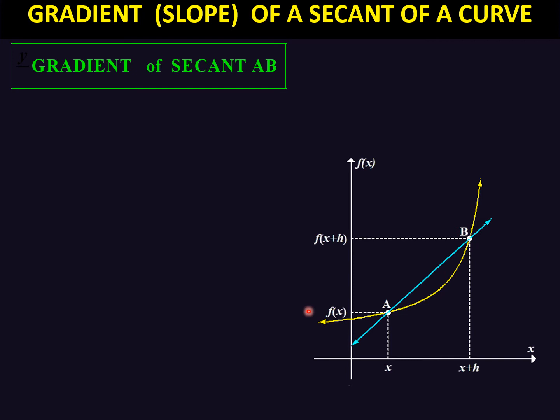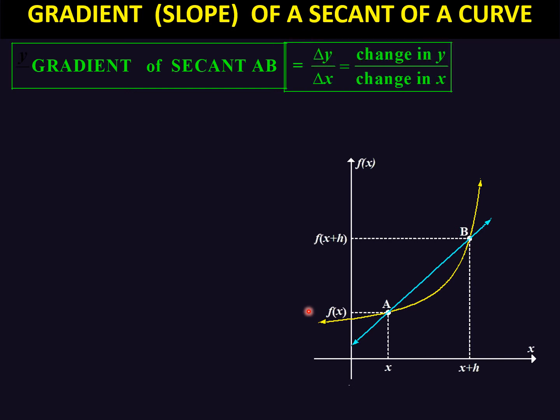Gradient. What is a gradient? What's the definition? That's right, the change in y over the change in x. In analytical geometry, we had that as yB minus yA over xB minus xA.